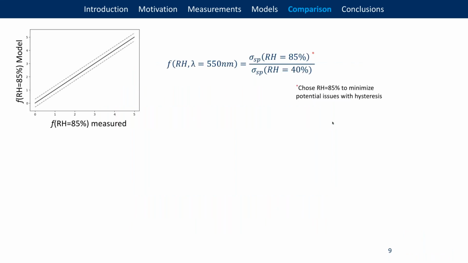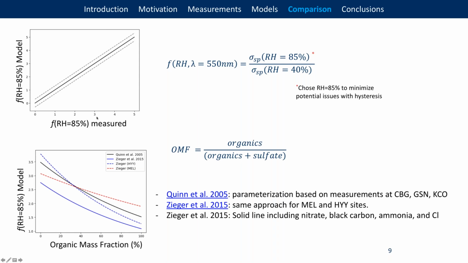So for the first part of the results, I'll be showing the f of RH, the model one versus the measured one. And then I will also show the f of RH, the model one versus the organic mass fraction. Here it's important that we have several parameterizations that we can find in the literature, some from Kuang and Seeger, where they use organics and sulfates, which are the 2 components that we will be showing here for several sites.